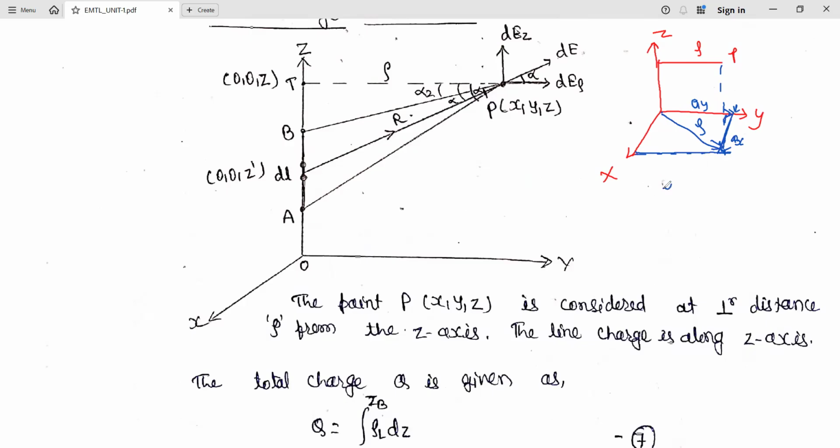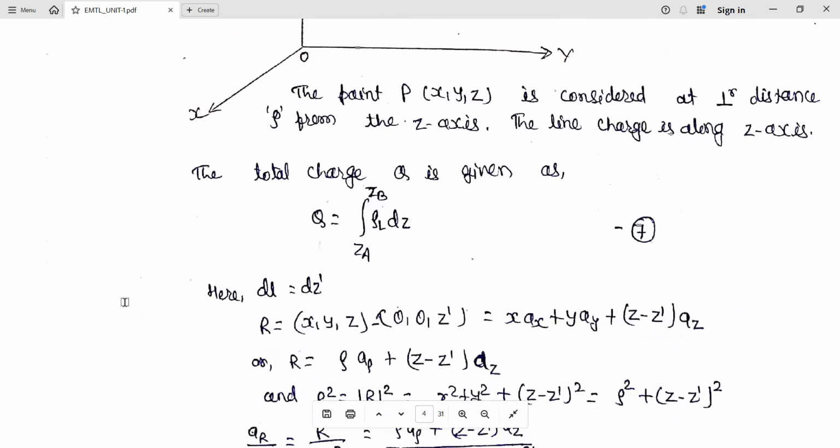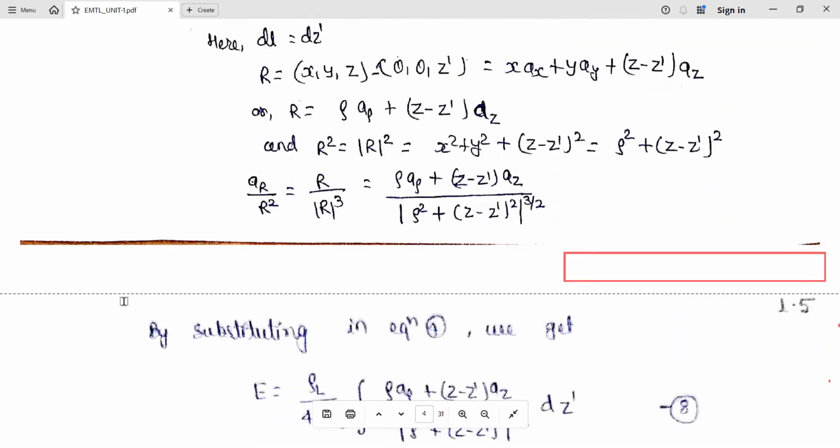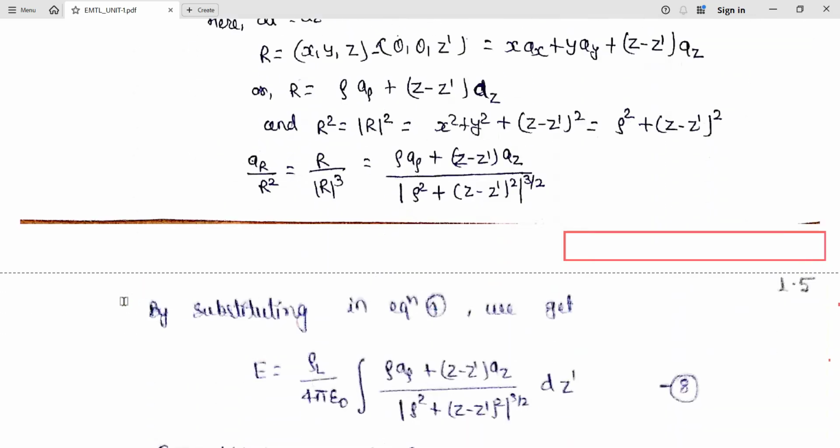So that's why rho we can write as x ax plus y ay. We already have a separate video lecture on the coordinate system, so you can go through that to understand this in a much better way.